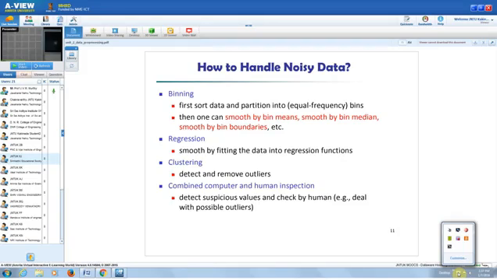We are drawing the data curves and all. At that point of time also you will know. So one thing is you have to smoothen the data by bin means, bin median, or bin boundaries, etc. There are certain methods to do this. Example is given.